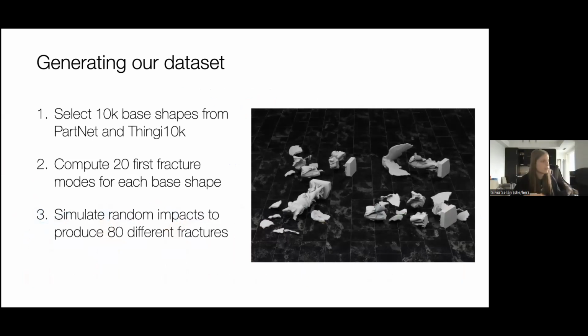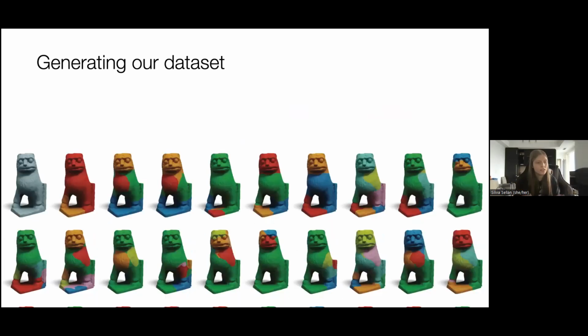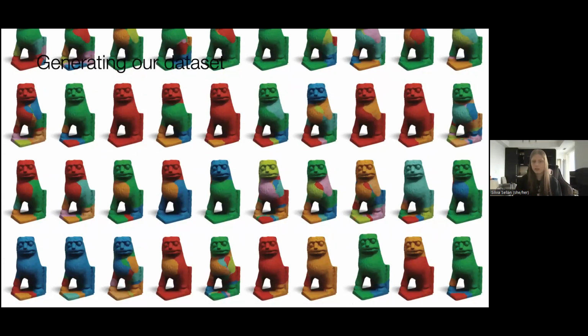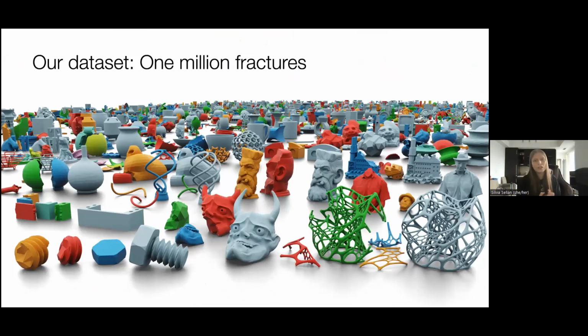And we repeat this until we get 80 different fractures for each object, meaning that in the end, we have 100 different fractures of an object, or 100 different ways in which an object can break. And that's 10,000 objects times 100 fractures per object. That gives us 1 million fractures, which is a massive data set of a scale that has never been considered in fracture reassembly before.